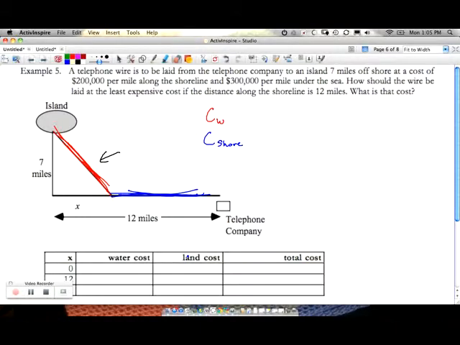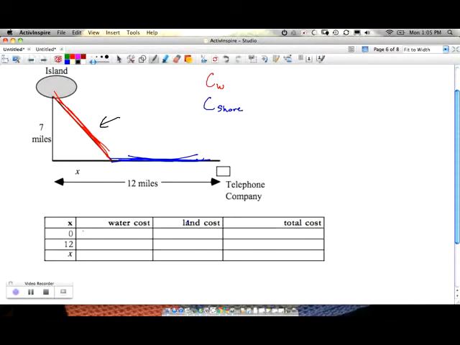So it's going to be 7 times 300,000. And over here, the land would be 12 times 200,000. You put those together, we get 21 plus 24, that's 4,500,000. So 4.5 million.